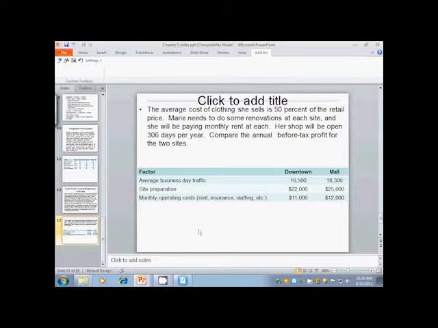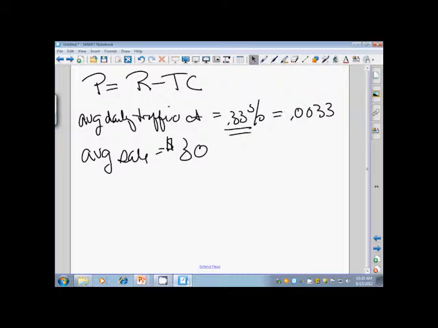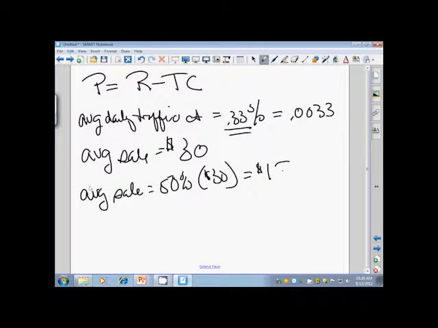Go on to slide 13. The average cost of clothing she sells is 50% of the retail price. More information. Her average cost is 50% of the retail price. 50% of $30 is $15.